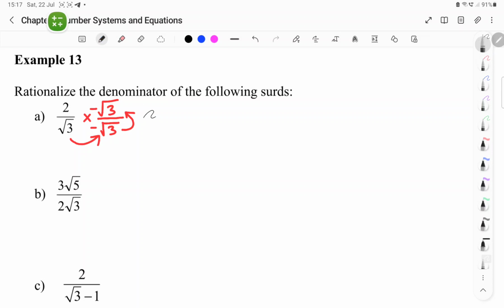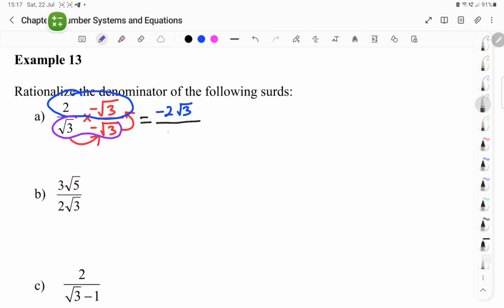Then what to do? We multiply. In the multiplication of fractions, we can multiply numerator with numerator. So 2 multiplied by negative surd 3 is negative 2 surd 3. Then we multiply the denominator as well.